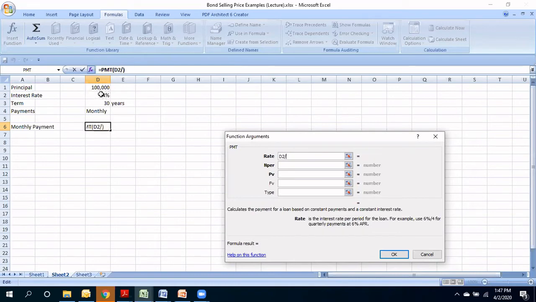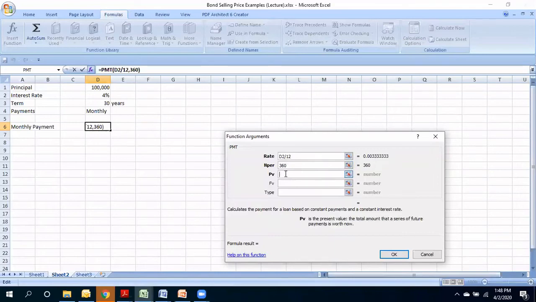So we have to make sure that we've taken that annual rate and converted it into a monthly rate. Number of periods: this is a 30-year installment loan, but it's going to be paid back monthly over that 30 years. So the total number of payments that we're going to make is going to be 360. How do we get that? 30 years times 12 months in a year equals 360.